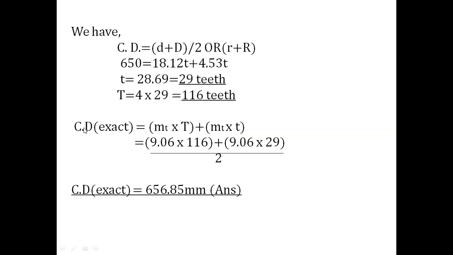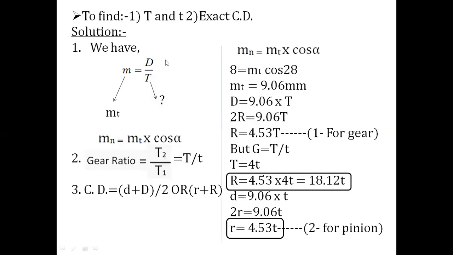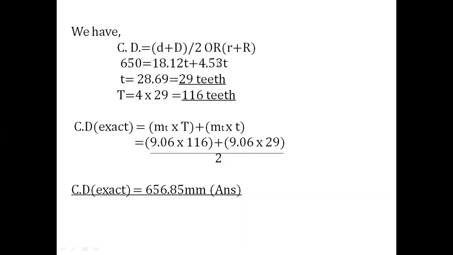Okay, now the exact center distance. What is the exact center distance? Center distance is equal to small r plus capital R, or small d plus capital D divided by 2. But I am writing d in terms of module. Module is equal to d by t. So d is the transverse module into the number of teeth.